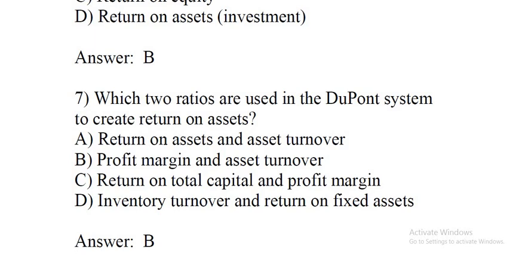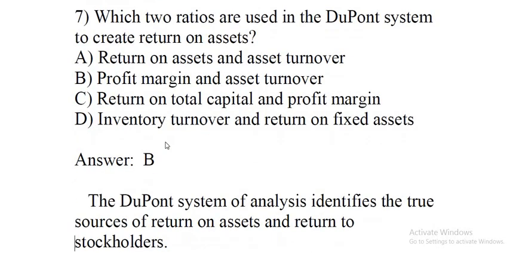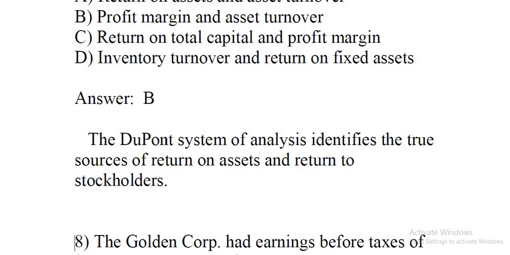The answer is B, profit margin ratio and asset turnover ratio. The DuPont system of analysis identifies the true sources of return on assets and return to stockholders.